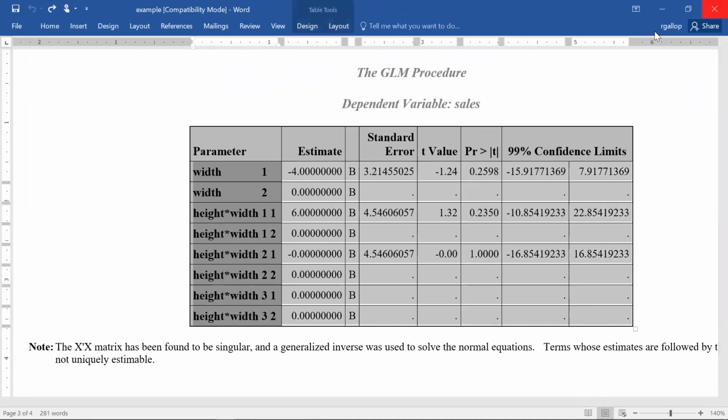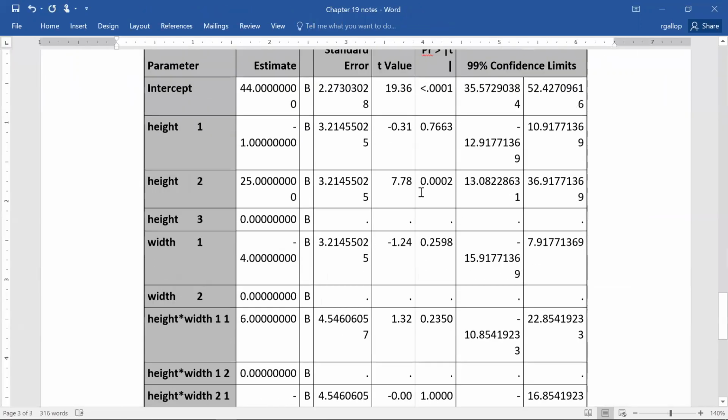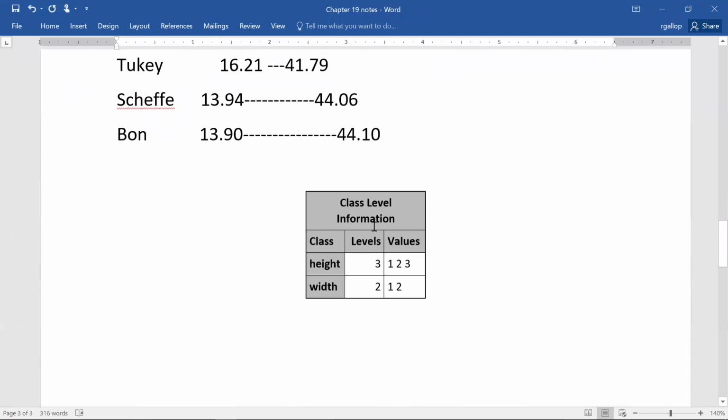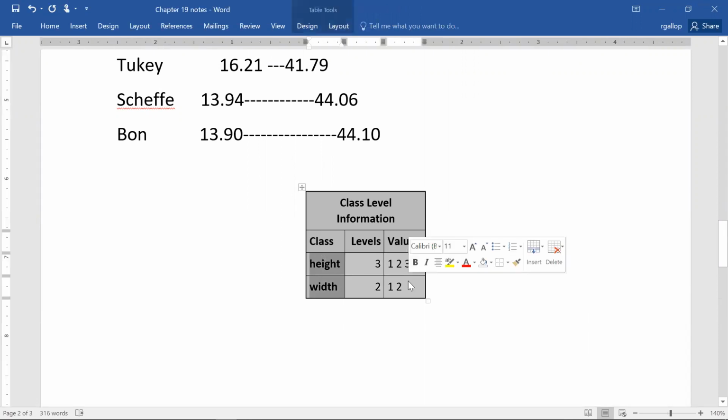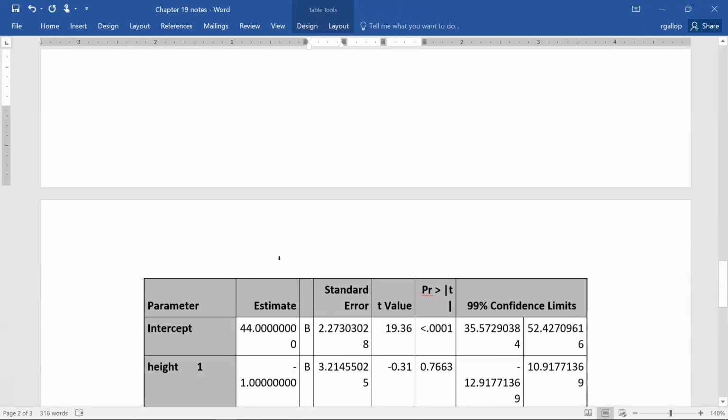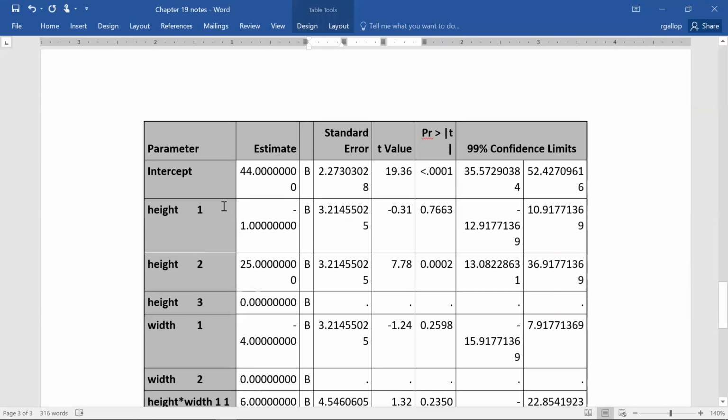And then the parameterization of the model. So the class statement is telling us, okay, this is factor A, this is factor B. So in any kind of parameterization, factor B iterates within factor A. So in our parameterization, we get the intercept, which is the reference cell.